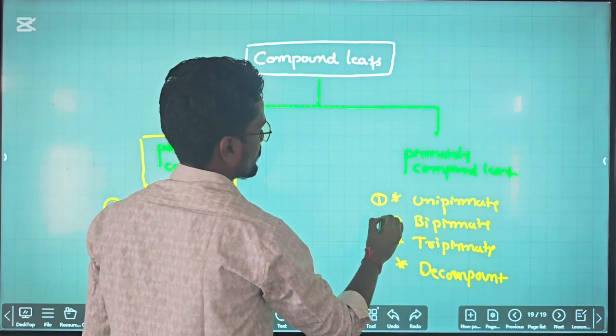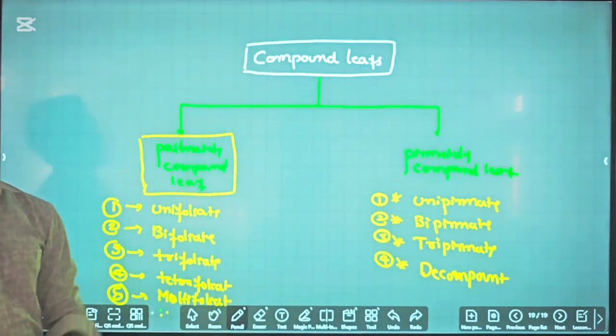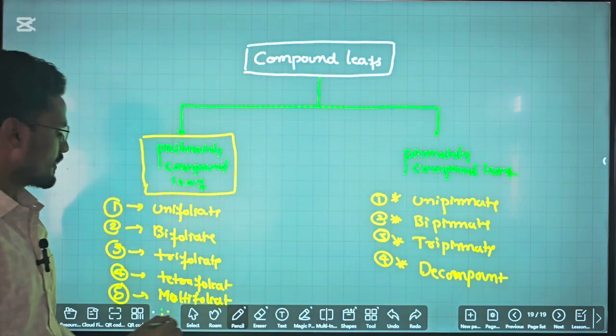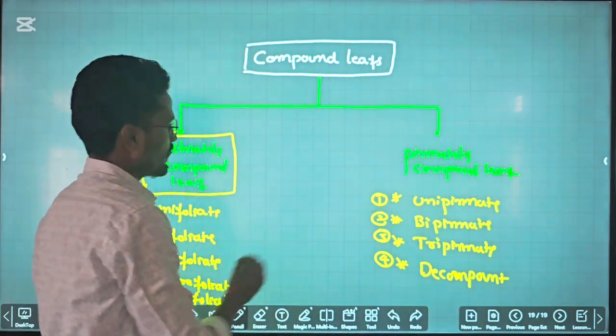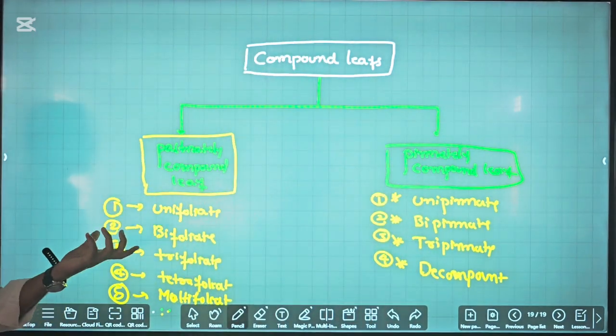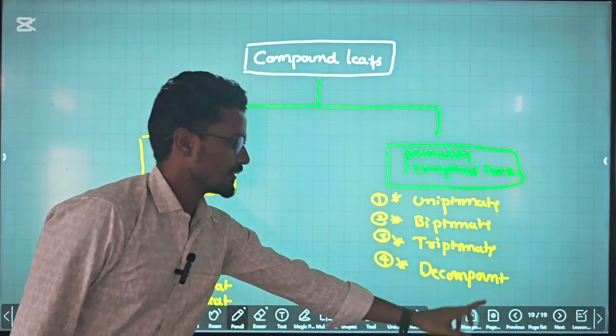These four are the types in a pinnately compound leaf. We will see one by one what the meaning of each type of leaf is, with the whole explanation in the next slide.